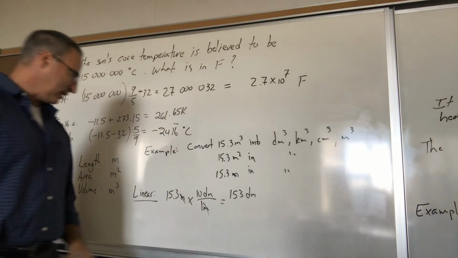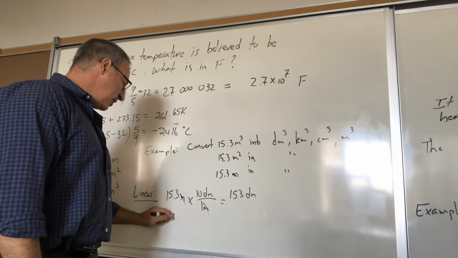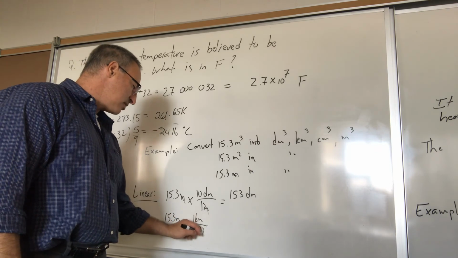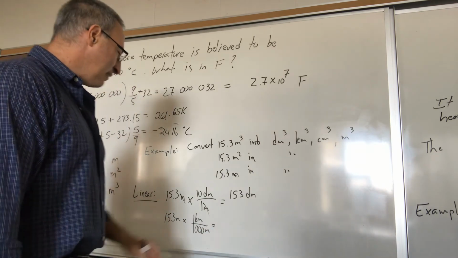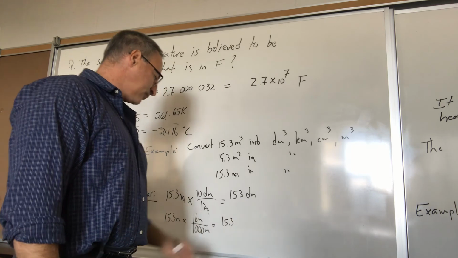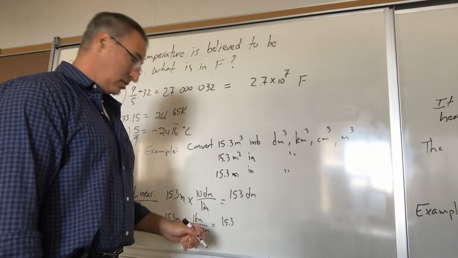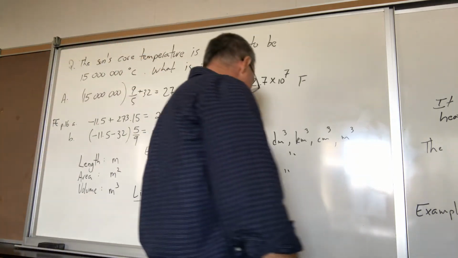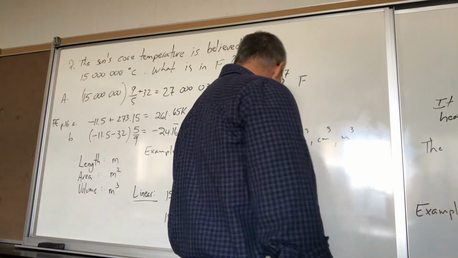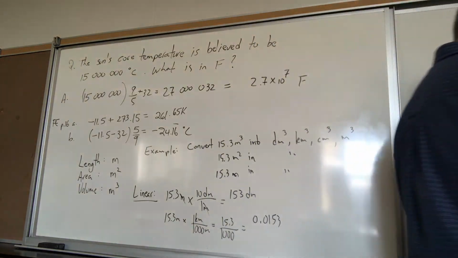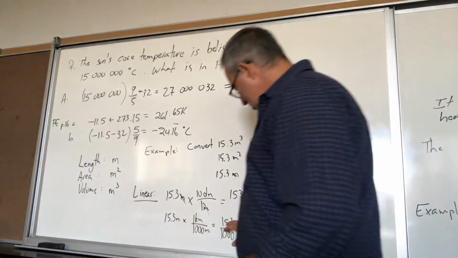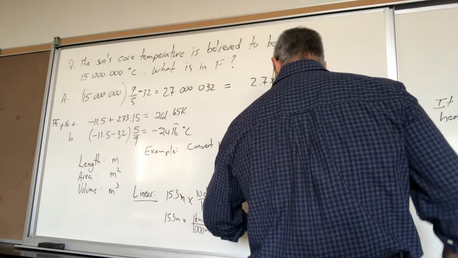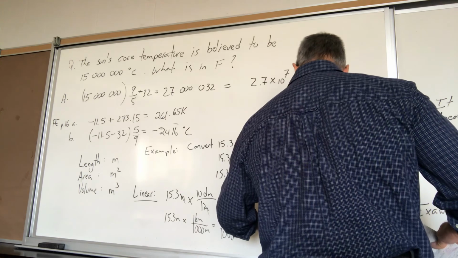If I want to go to kilometers, 15.3 meters times 1 kilometer for every 1,000 meters means you're going to have 15.3 divided by 1,000, which is 0.0153. I moved the decimal 3 times. 1, 2, 3. Yeah, that's right. That would be in kilometers.